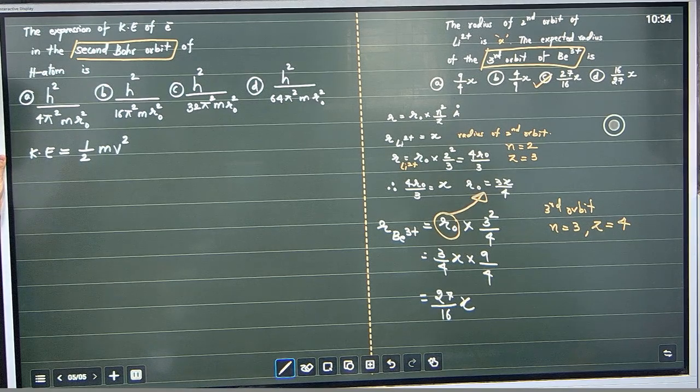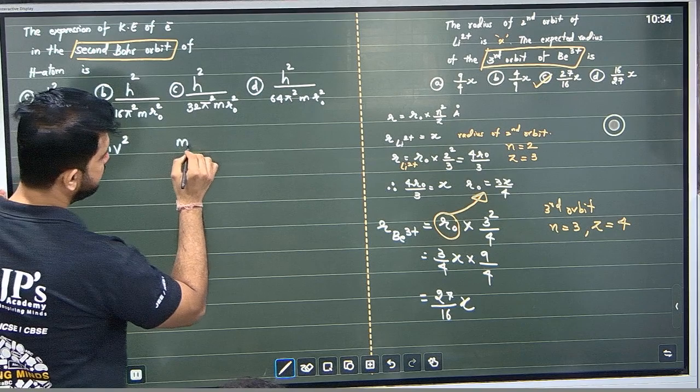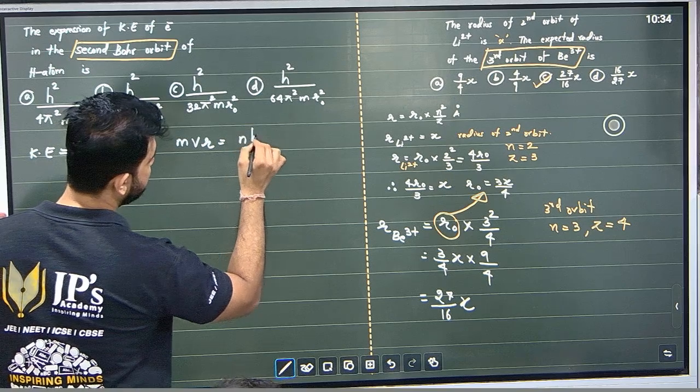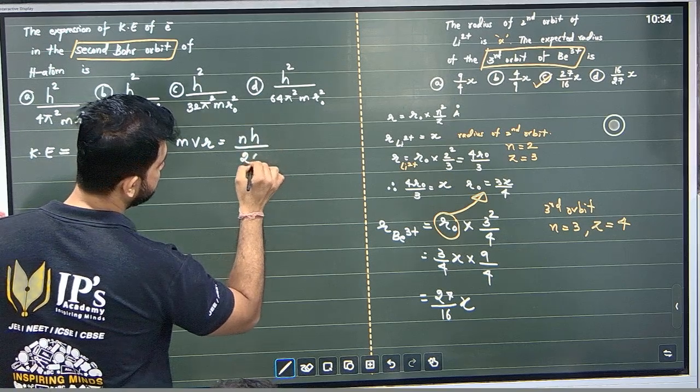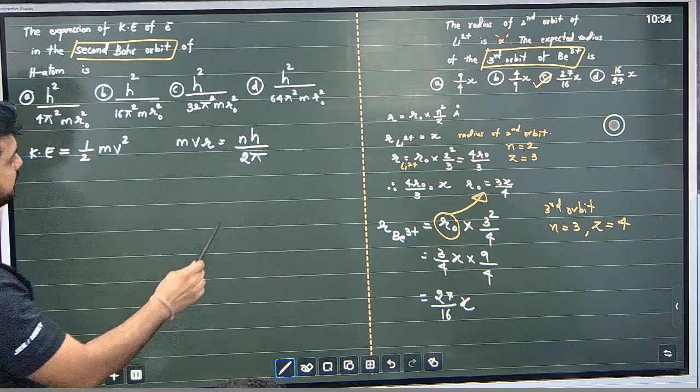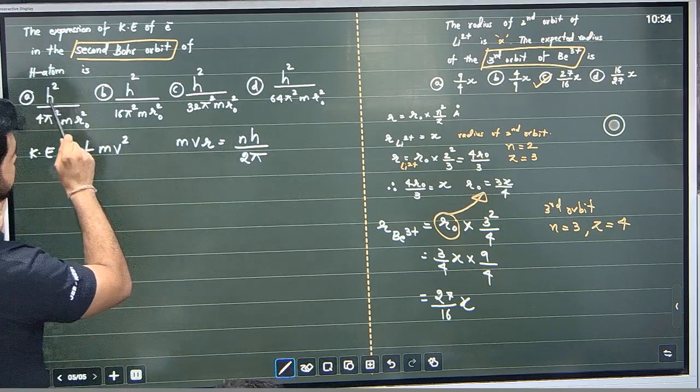We have learned a postulate where a simple formula links m, v, r. Which formula is that? Angular momentum is quantized. Which formula is that? mvr is equal to nh upon 2 pi. We've learned this. I need h in the numerator.